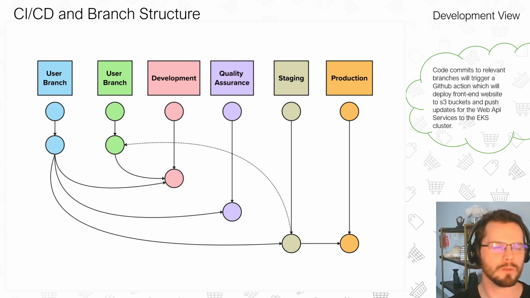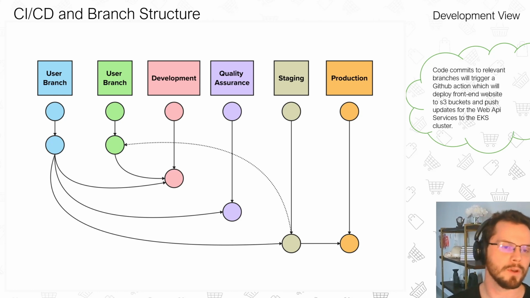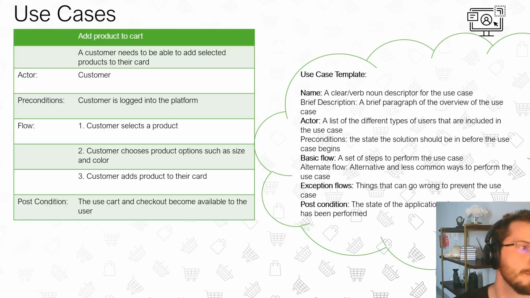Staging is going to be hypercritical to the business, to make sure that whatever has been released is perfect before it ever reaches clients. So to the developers, staging is actually like production. It's hypercritical.